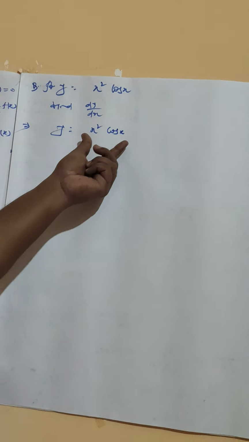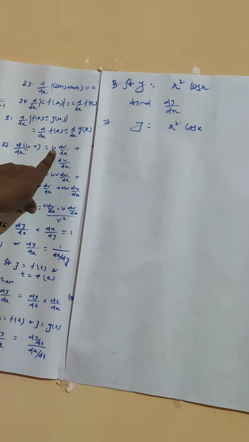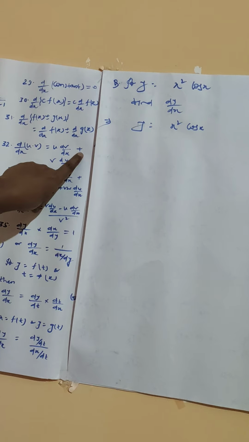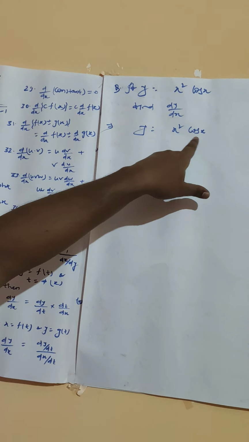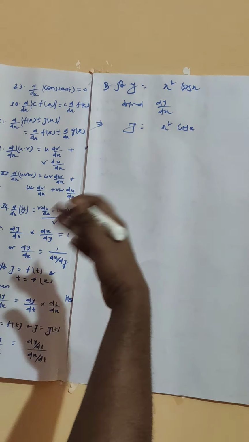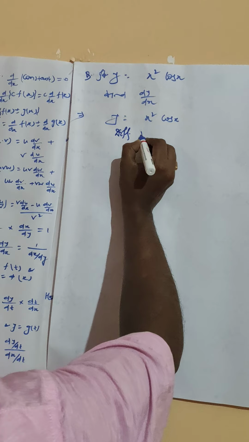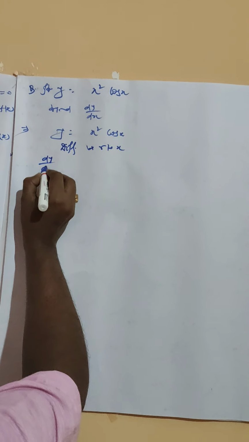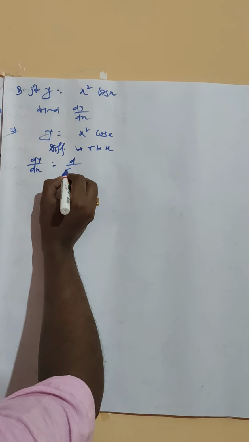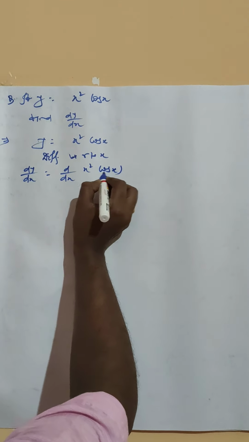So this is the product of two functions, u into v. So we can use first function into differential coefficient of second function plus second function into differential coefficient of first function. We can choose any function to be first or second. Differentiating with respect to x, dy by dx, d by dx of x squared cos x.